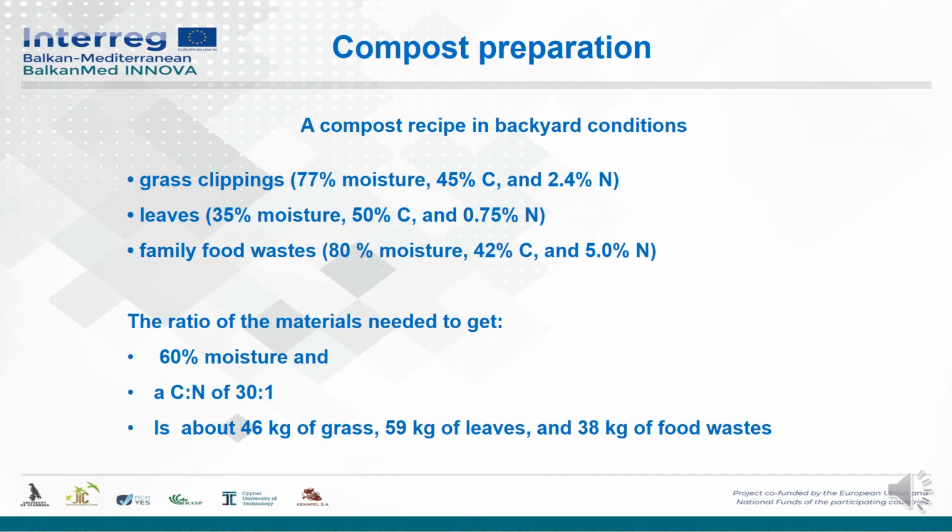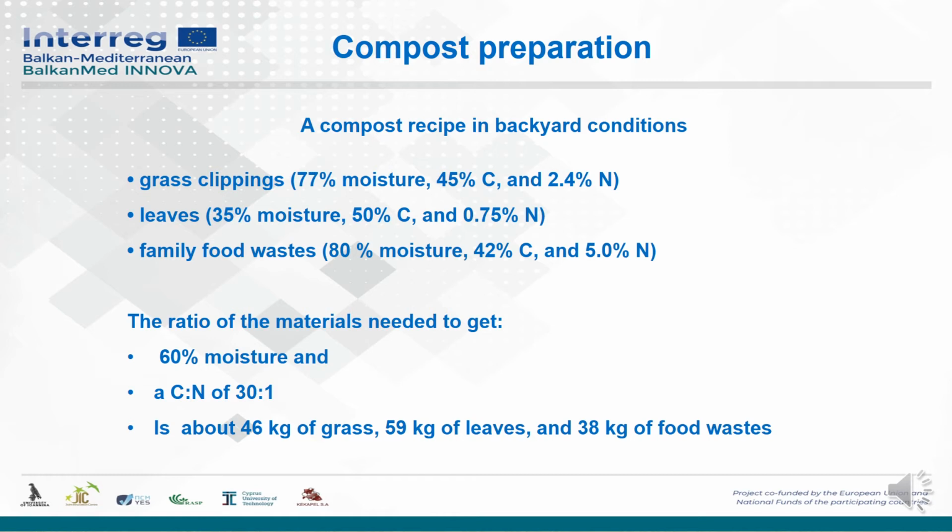A compost recipe in backyard conditions. Here I'm giving one recipe, but there can be different recipes. The most important thing is to remember and to fix the parameters that I explained in the previous slides, for example carbon and nitrogen ratio, humidity, pH, and so on.